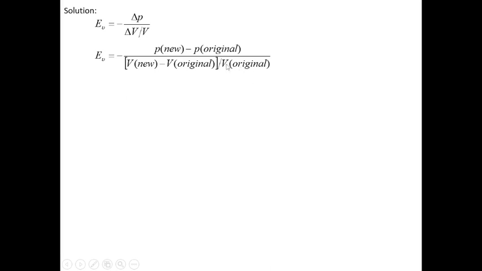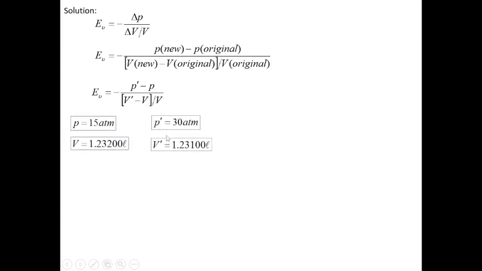So, P new is P prime, P original is P, V new is V prime, V original is V, all over V. These are the given values in the problem. Substituting: negative of 30 minus 15 atmosphere all over 1.231 minus 1.232 liters over 1.232 liters.